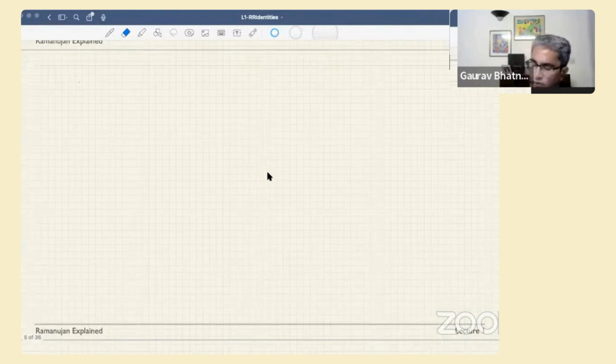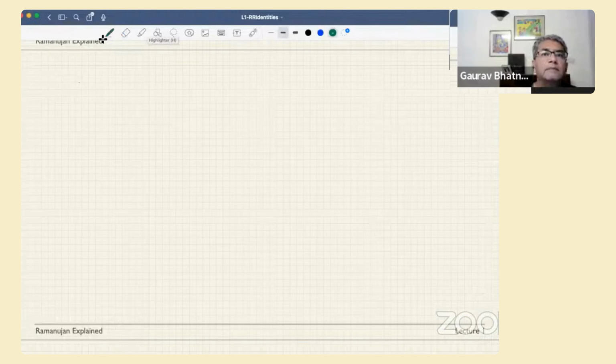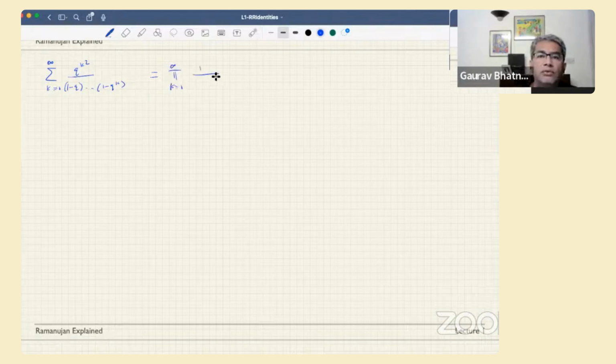So you have things like this: the sum over k going from 0 to infinity of q raised to k squared over (1 minus q)... on one side, and on the product side, the product over k going from 0 to infinity of 1 over (1 minus q raised to 5k plus 1) and (1 minus q raised to 5k plus 4).